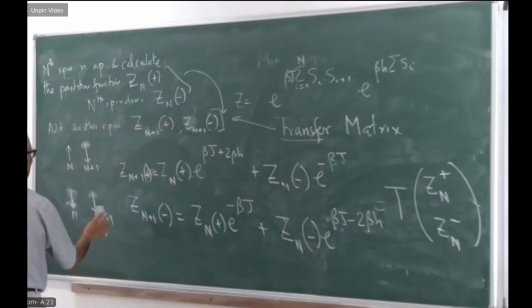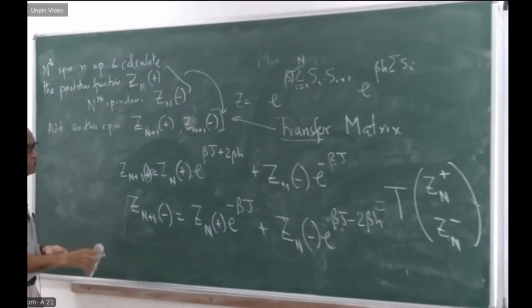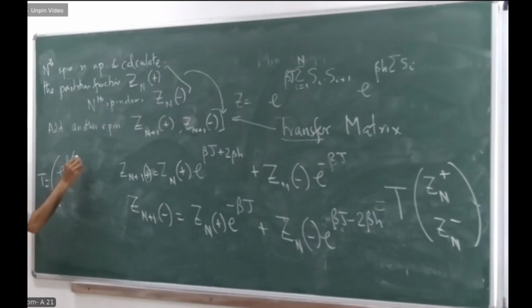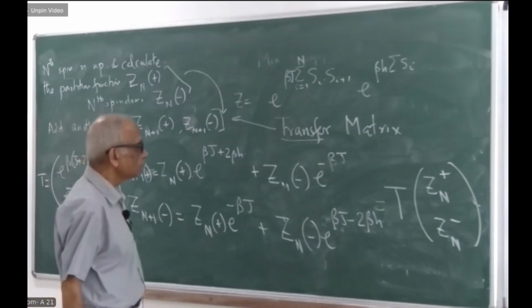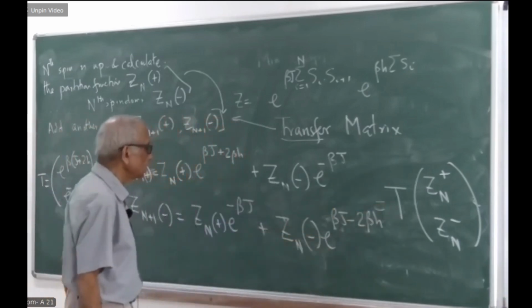The matrix now written down explicitly is matrix T is equal to e to the power beta J, e to the power beta J plus 2h, e to the power minus beta J, e to the power minus beta J, e to the power beta J minus 2h. So that's the transfer matrix, and it takes me from one site to the other.